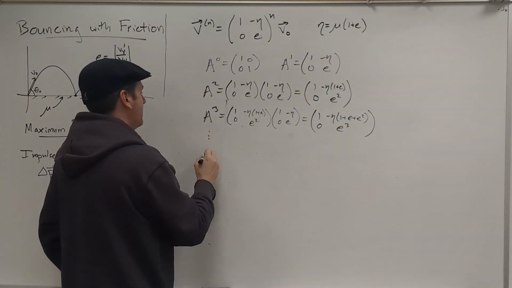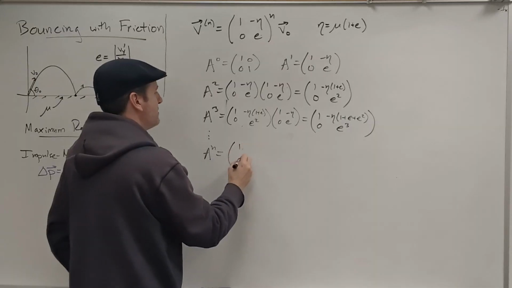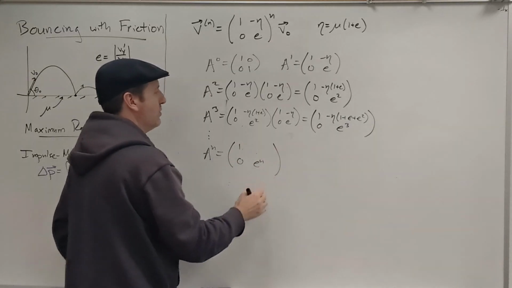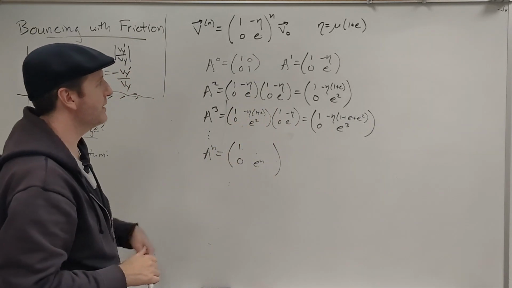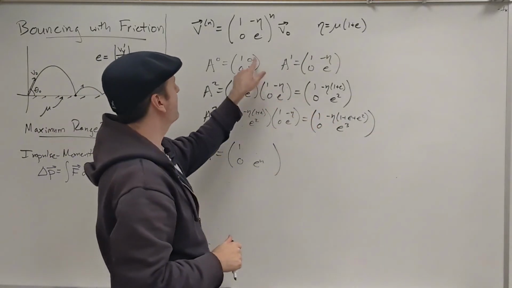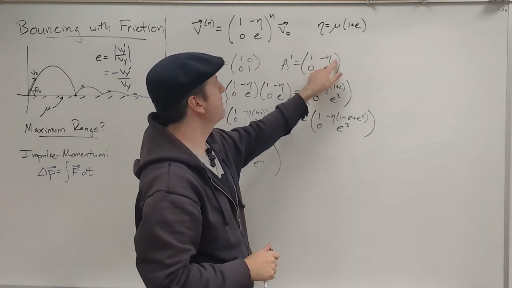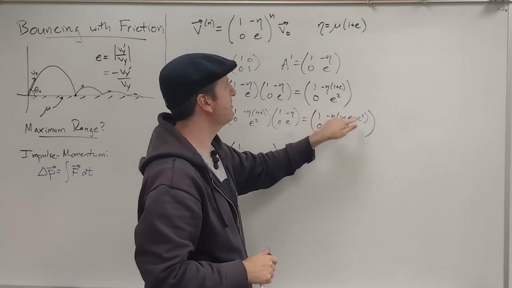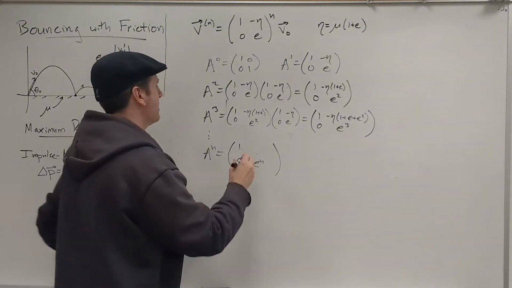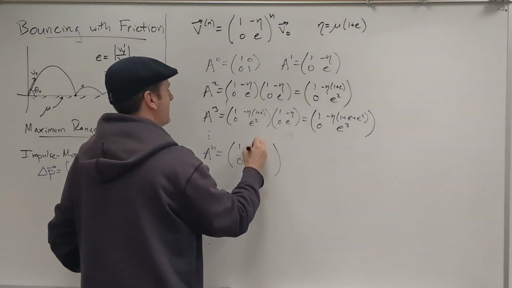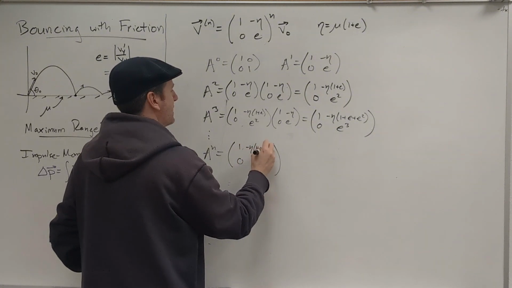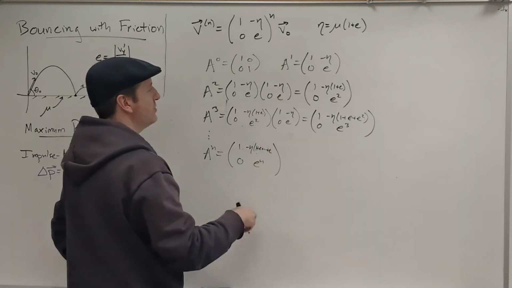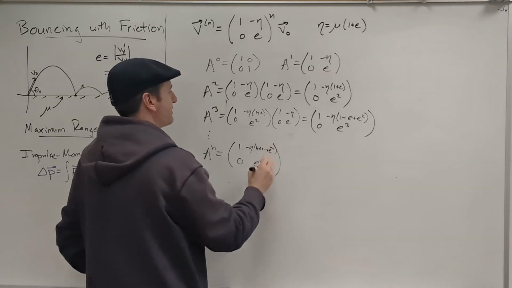So my conjecture is that A to the n is going to be 1, 0, e to the n. Those are the easy ones. They follow a nice pattern that we can see. For the upper right corner, I've got 0, minus eta times 1, minus eta times 1 plus e, minus eta times 1 plus e squared. I think you see where this is going. It's going to be minus eta times 1 plus e plus dot, dot, dot, plus e to the n minus 1.